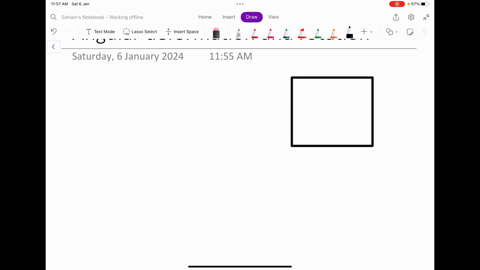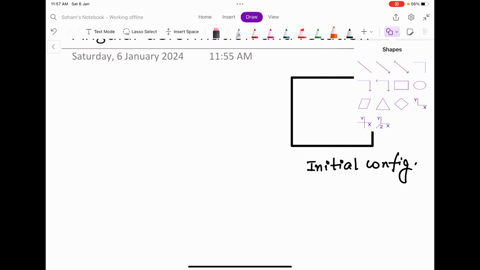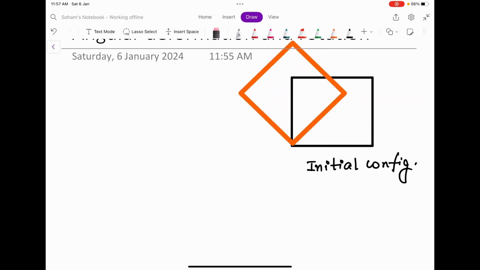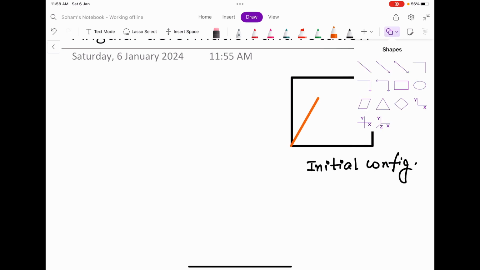Let me write it. And now let us draw the final configuration. So I can draw this. No, this is not good. Okay, so this is the final configuration, given by this one.